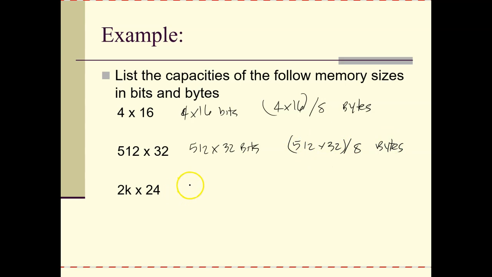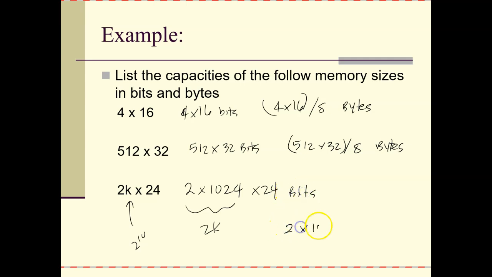And this is important. This is 2 times 1024. The k is actually 2 to the 10th. This is 2k, so I'm going to write that down. I'm not going to put 2,000 here. It's actually 2 times 1024 times 24 bits, which equals 2 times 1024 times 24 divided by 8 bytes. Okay.